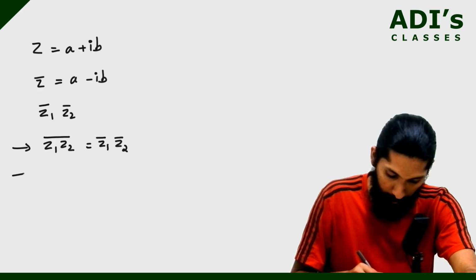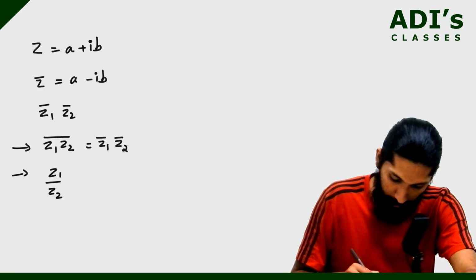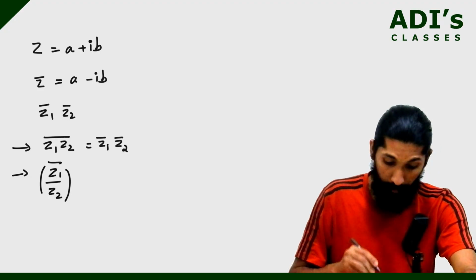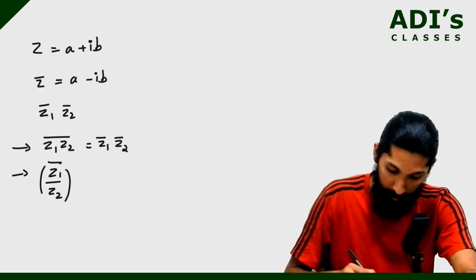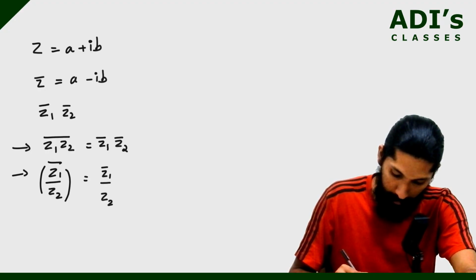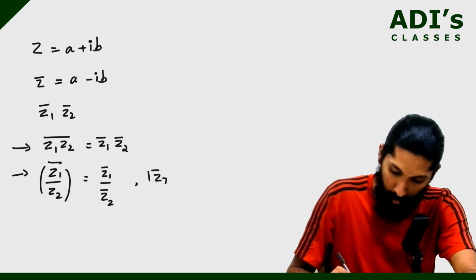The next property: z1 divided by z2, the whole thing conjugate if you take, this becomes z1 conjugate divided by z2 conjugate, provided z2 conjugate is not equal to 0.